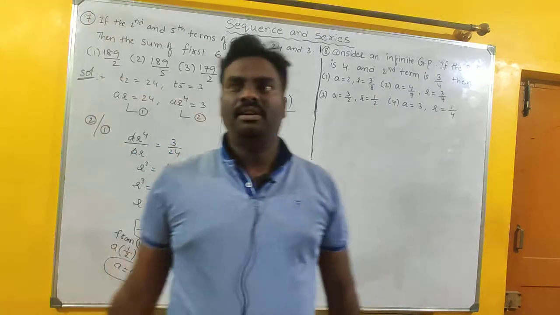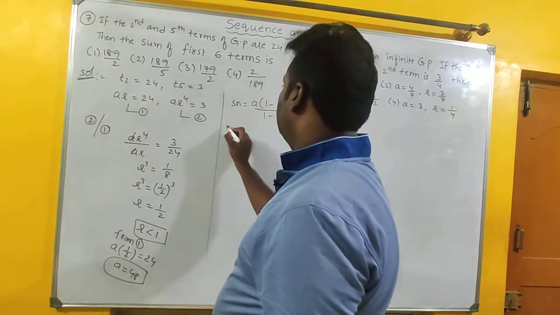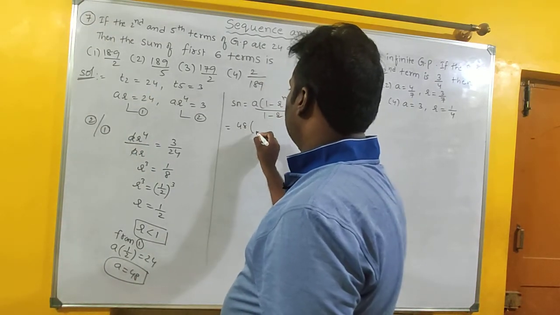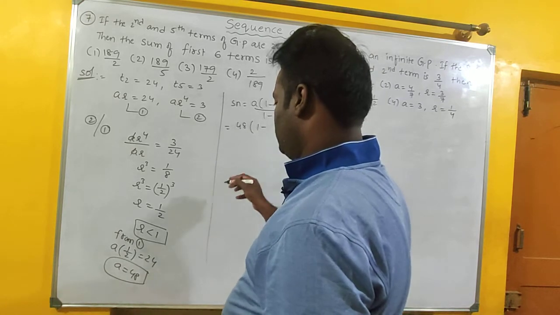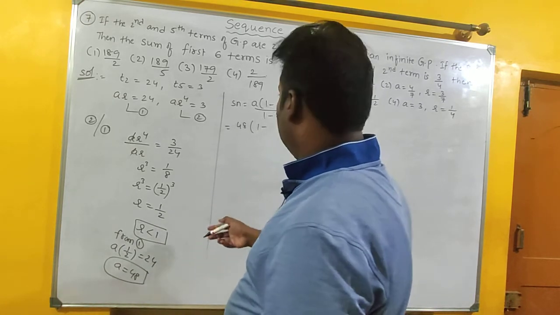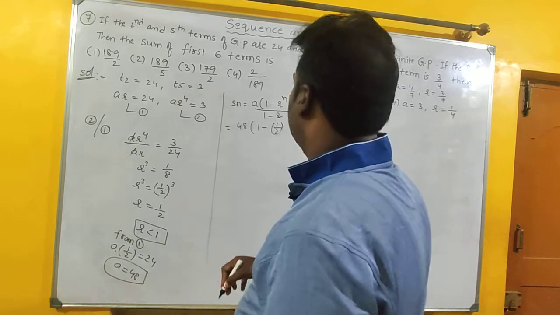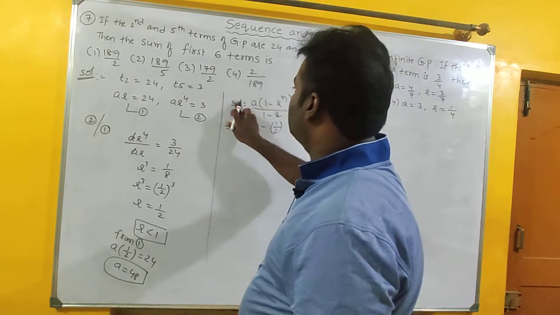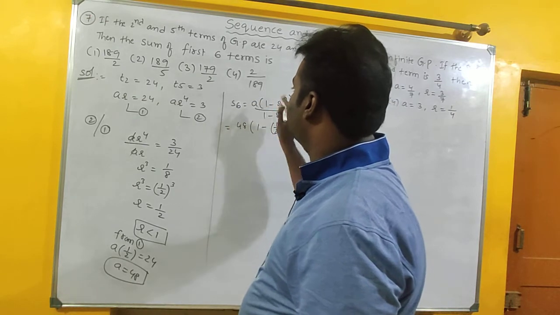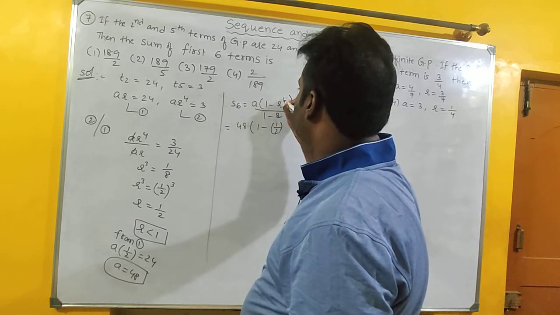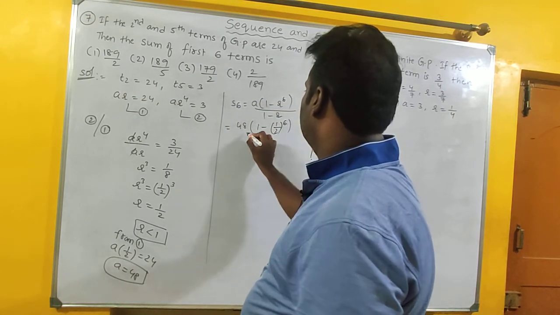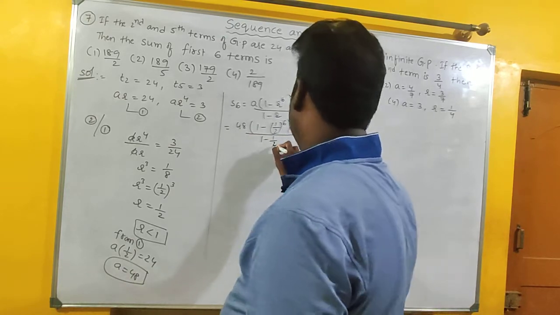Substitute this A value and R value here: that equals 48 into 1 minus R power n, where R is 1 by 2. Here we require the sum of the first 6 terms, so take n as 6. We get 6 over 6 by 1 minus 1 by 2.